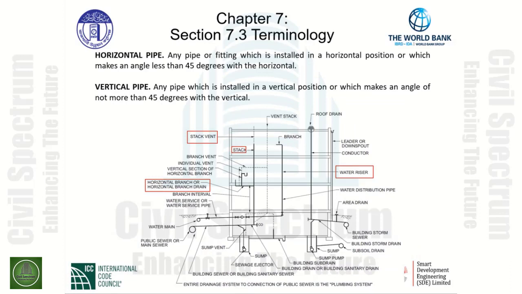Horizontal pipe is defined as any pipe or fitting which is installed in a horizontal position or which makes an angle of less than 45 degrees with the horizontal. When we look at the drawing below, we can see a pipe designated as a horizontal branch or horizontal branch drain.